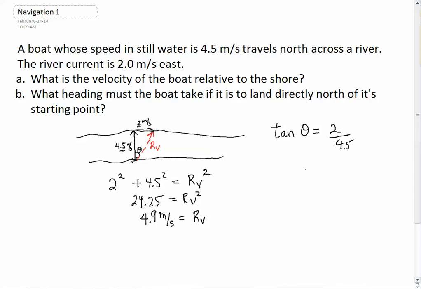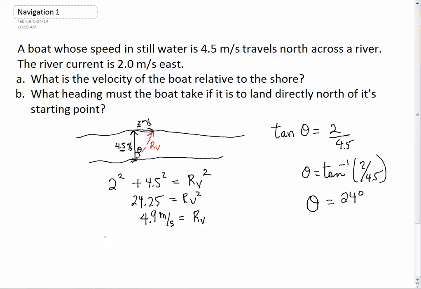We remove the tan function by taking the inverse tangent of both sides. So the inverse tangent of 2 over 4.5 gives us a theta value of 23.96, which to 2 significant digits we round to 24 degrees. And so that's 24 degrees east of north.